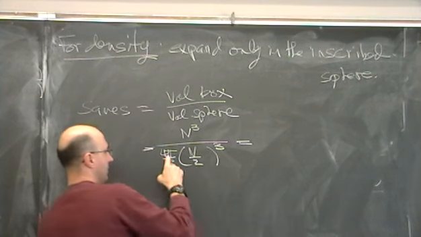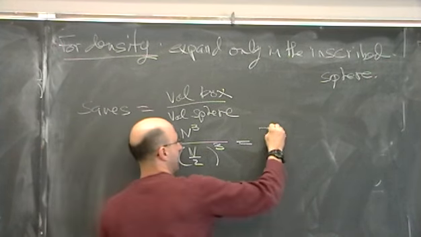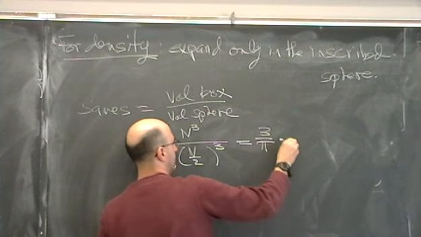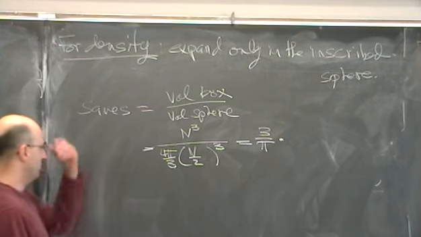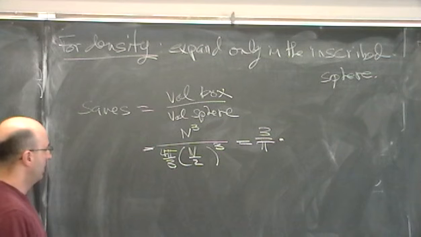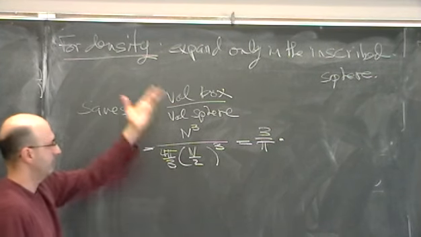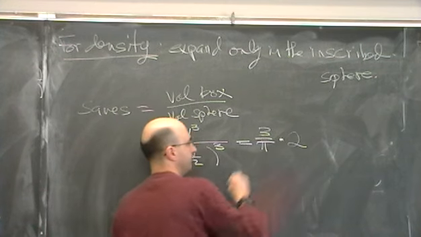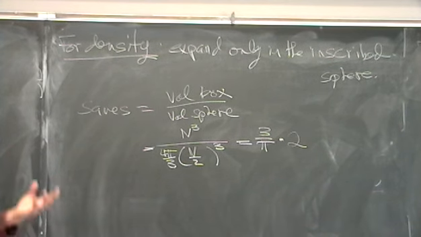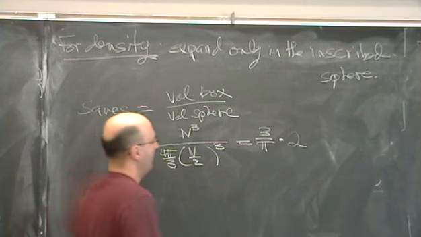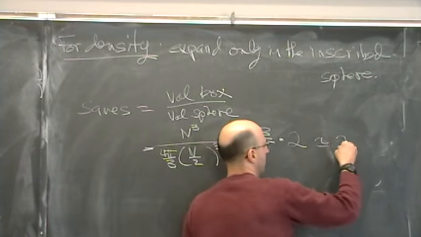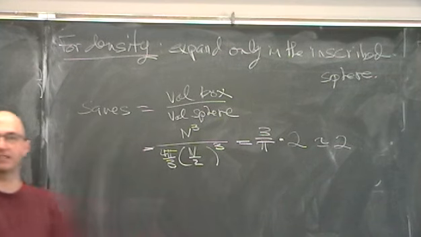So then, well, the pi and the 3 will flip over, I'll get 3 on pi. And cubes are all taken care of. And I have 4 over 8, which is 1/2, flips around times 2. And 3 on pi is about 1. Then 5%. So that's about a factor of 2 savings there out of the 60.